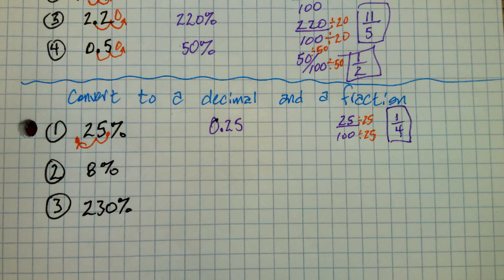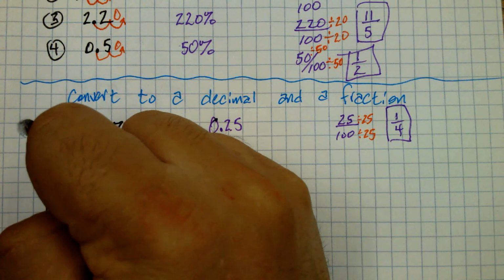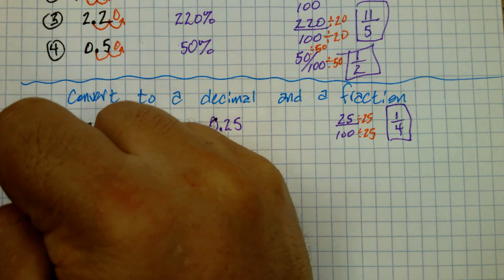Knowing all of these certain fraction conversions to decimals and percents is going to make our life a lot easier. How about 8%? What is that as a decimal? Remember, you can't go wrong if you just mentally move the decimal 2 places.